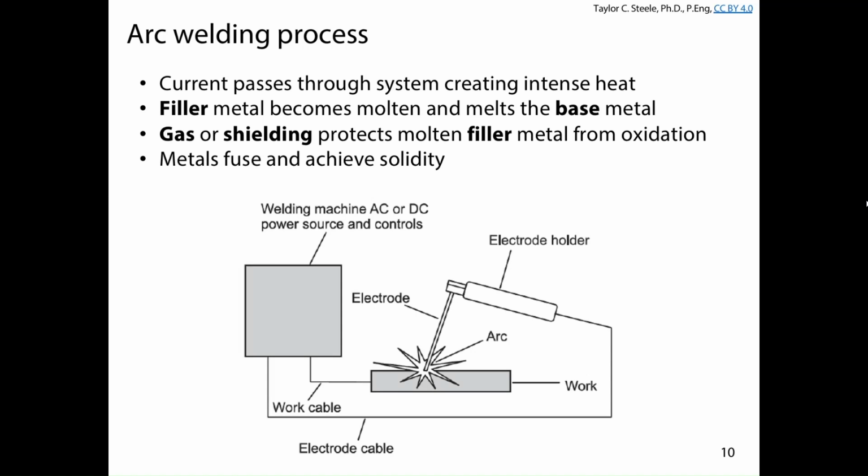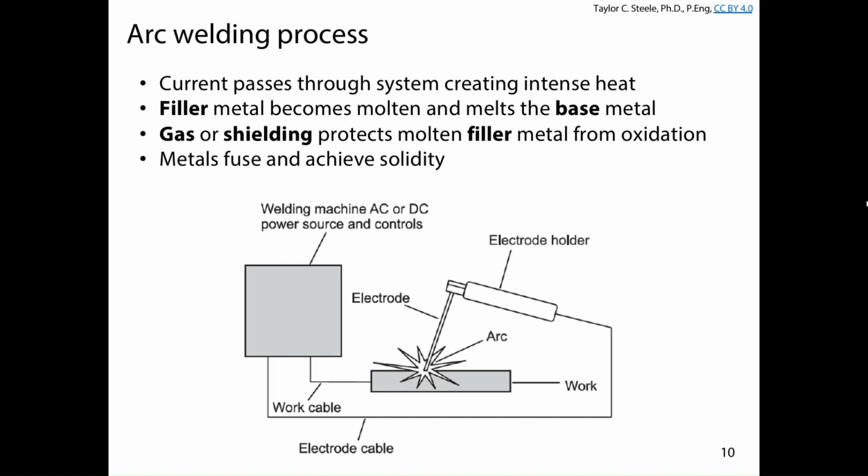Normally it's DC for welding, but it depends on working with alternating current or direct current. And basically, you have a power source, you connect to what you're working with, and the only way you close that circuit and actually have the amperage flow through the system is through what's called the electrode to the material that you're working with. Okay, this here is called the stick electrode. All right, so it's around.